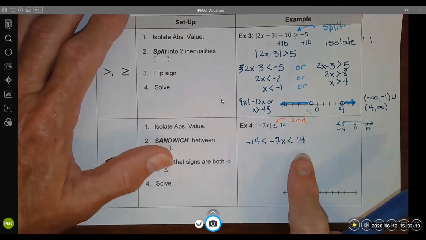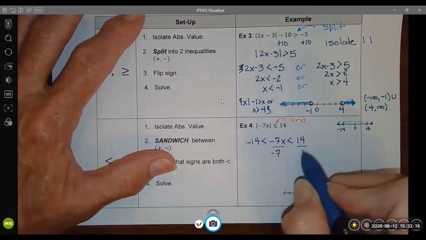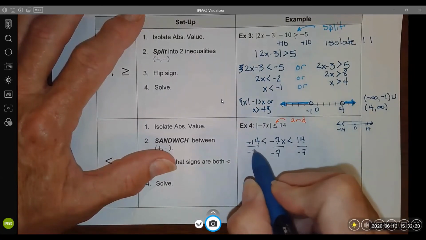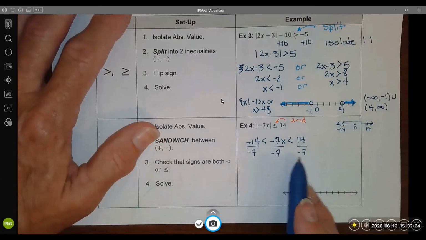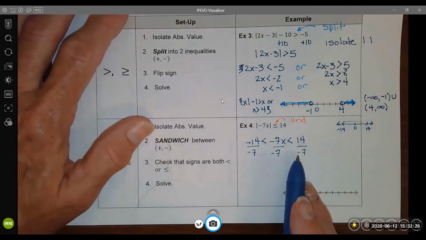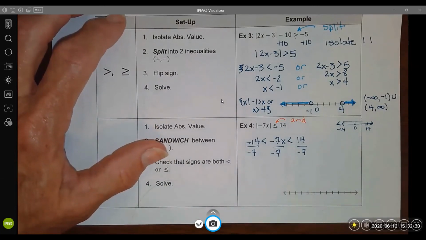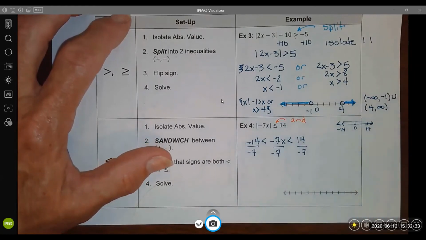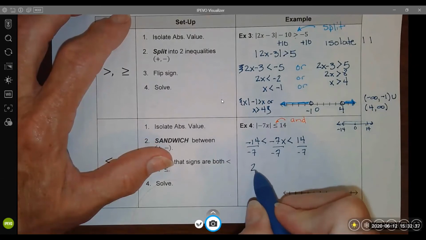From here, we can solve this the way we would solve any inequality. I'm going to divide all my pieces by negative 7. And see, this is a compound inequality now. And this is the connection we had to the previous page. So we are solving a compound inequality at this point. Negative 14 divided by negative 7 is a positive 2.